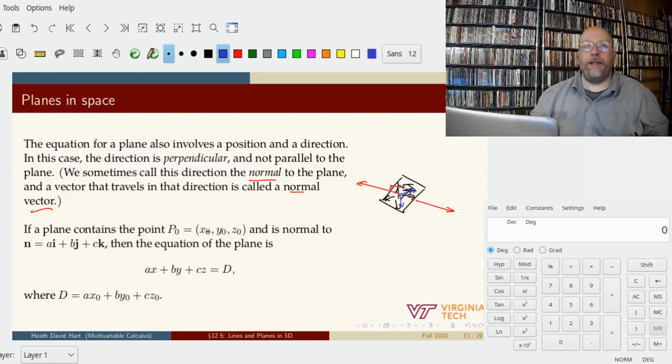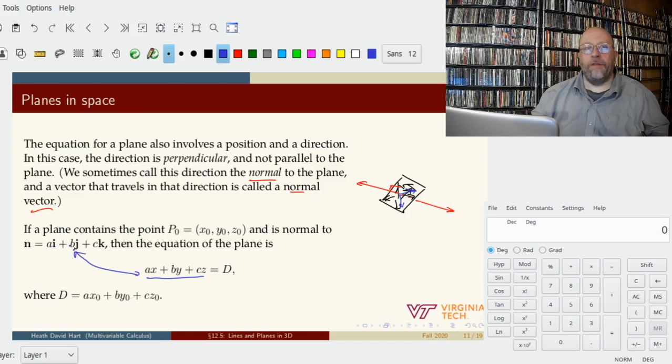So if a plane contains the point x naught, y naught, z naught, and it's normal to the vector ABC, then the left side of the equation is ax plus by plus cz. This side comes directly off of the normal vector. And the right side is going to be a constant.